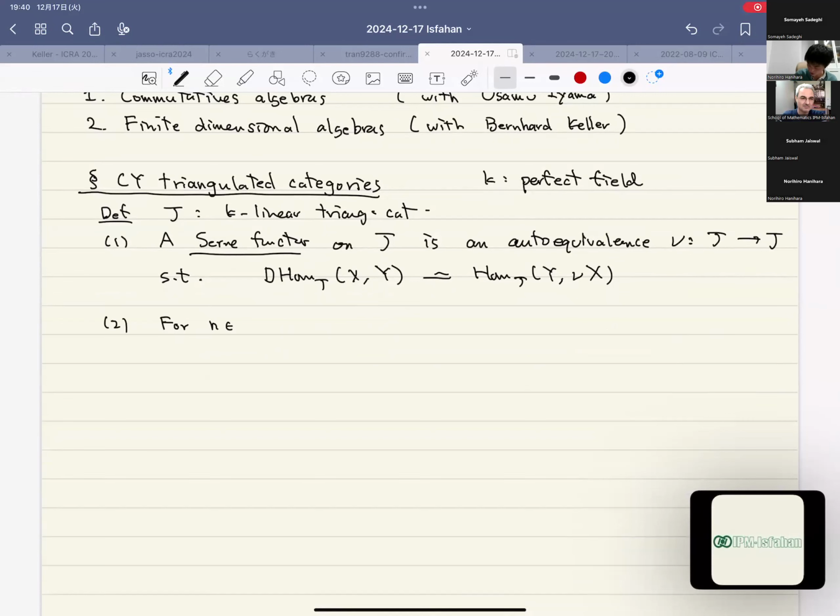And for each integer n, T is called n-Calabi-Yau if the n-fold suspension functor, denoted by shift [n], is a Serre functor.